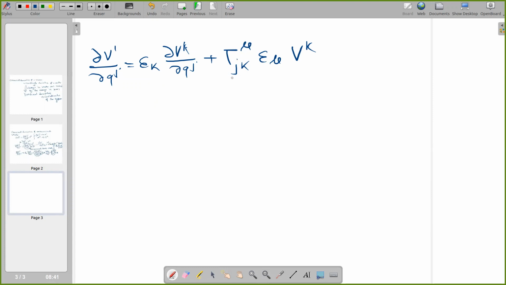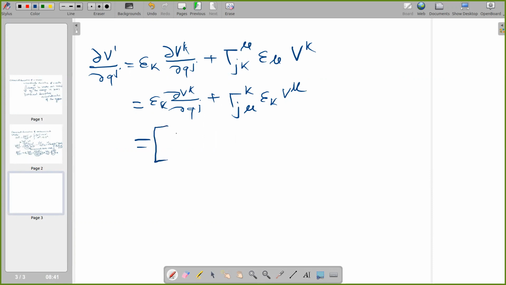In the second part of the right hand side of the equation, mu and k are dummy indices, and these dummy indices can be interchanged. When we interchange them, mu goes to k and k goes to mu. Now we can take epsilon k common.